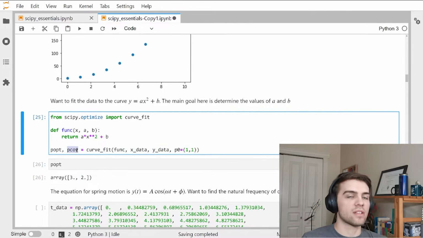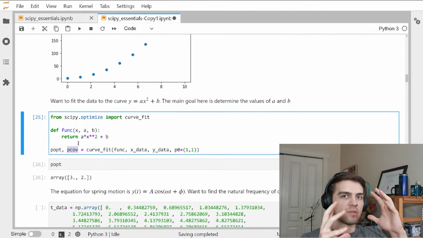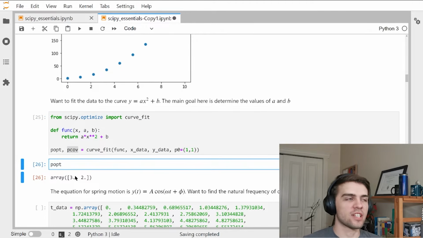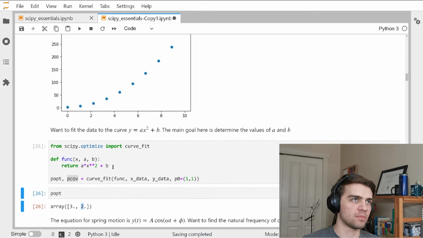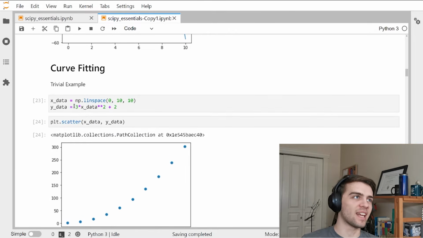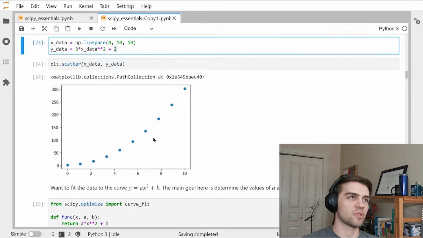Now, pcov, which is the covariance of the parameters, gives me an estimate of the error on the parameters and also how the parameters are related when you do the fit. So this essentially tells me that a equals 3 and b equals 2 are the optimal parameters for the fit for this quadratic curve here. And of course, when I created the data, I used a equals 3 and b equals 2. So it managed to find the optimal parameters, which of course were how it was created.